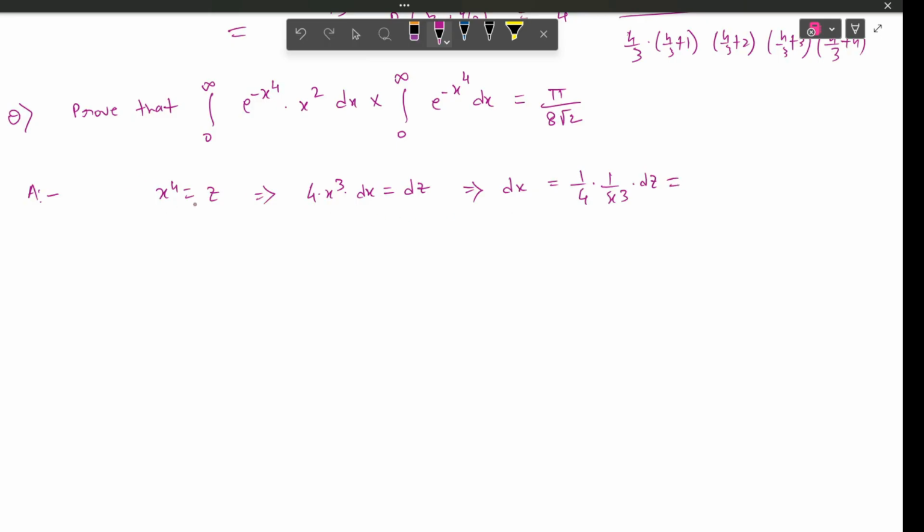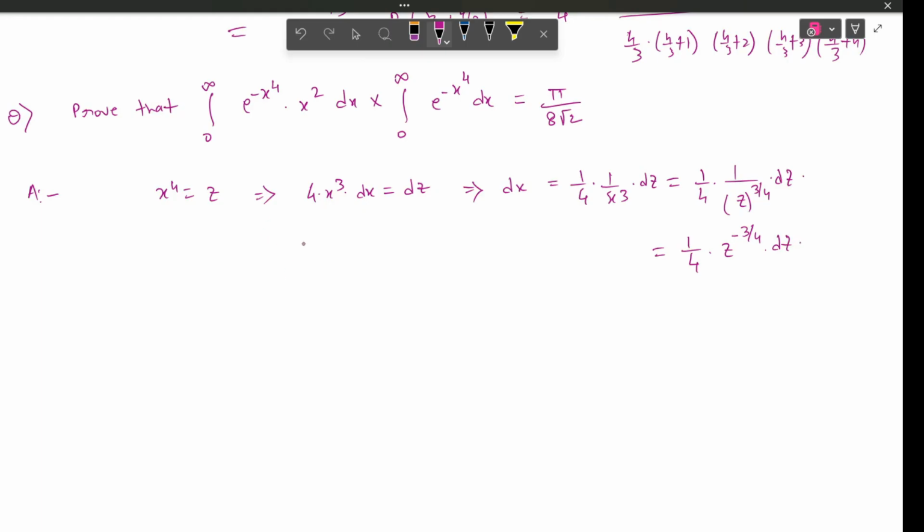So x cube is, x is z to the power 1 by 4. This should be 1 by 4 into x is z to the power 1 by 4. So here is 3, so we have z to the power 3 by 4 into dz. So ultimately we get 1 by 4 into z to the power minus 3 by 4 into dz.